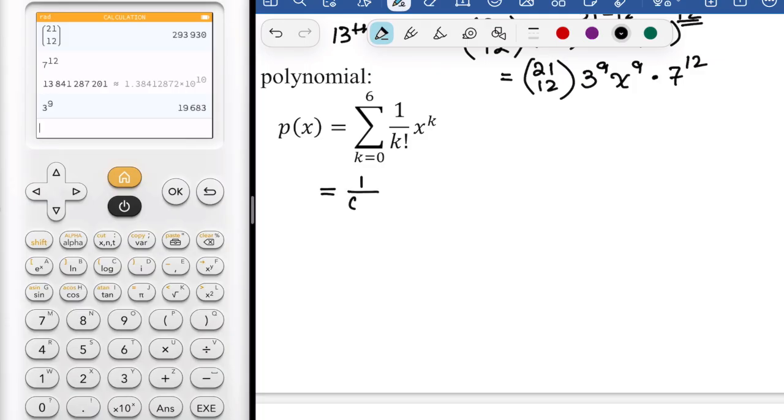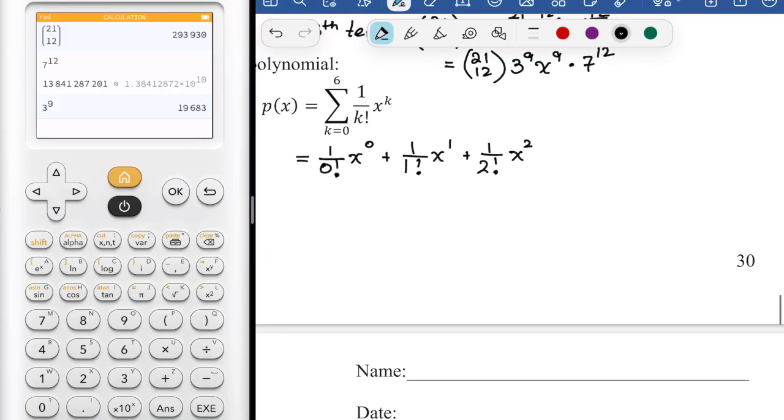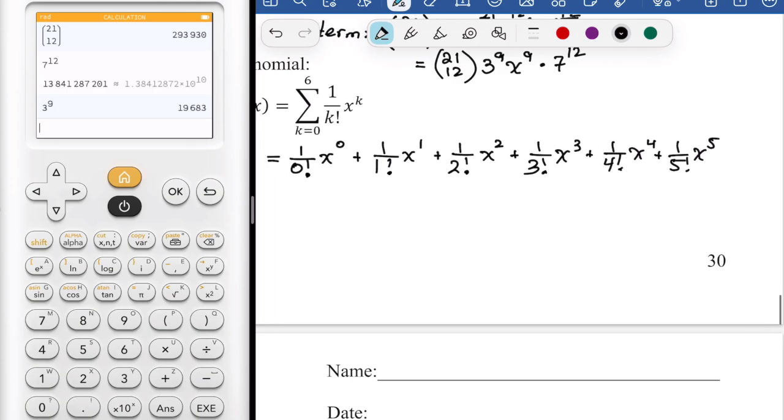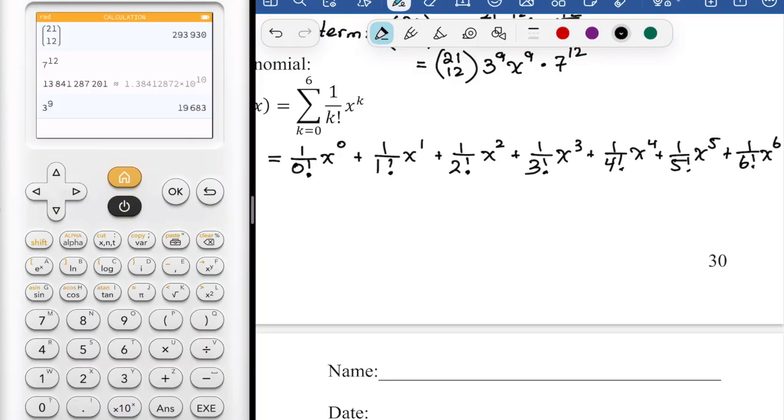So 1 over 0 factorial, x to the 0th, plus 1 over 1 factorial, x to the 1st, plus 1 over 2 factorial, x to the 2nd, all the way to the x to the 6th. And the one last one, 1 over 6 factorial, x to the 6th.